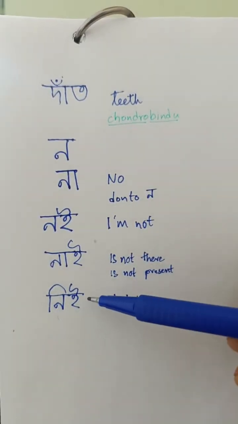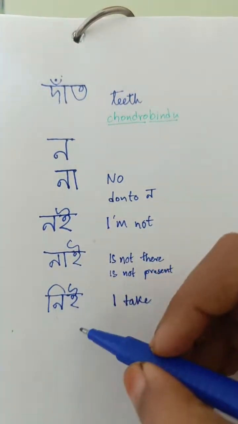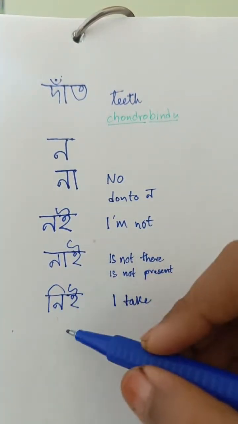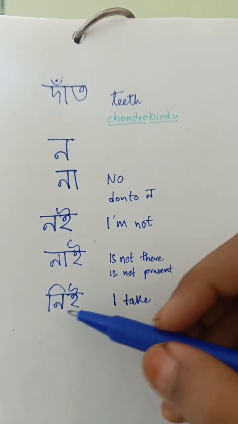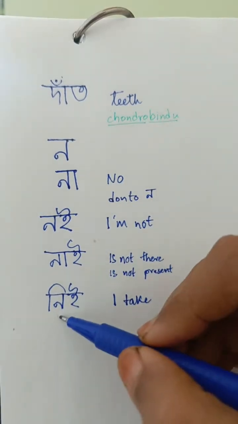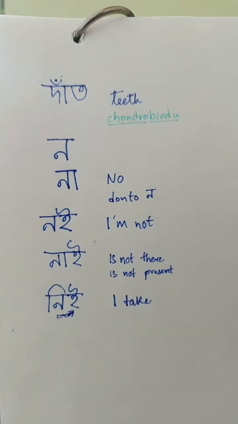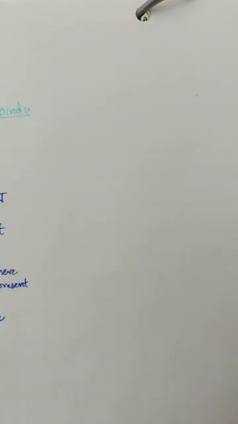This is ni. It has both the Rosho Ikar and the Rosho I in the spelling. When you say the entire word, because this is one word, you're not going to give any break in the pronunciation. You will not say ni e. That will sound weird. It's ni. It will flow, like the E from here will flow into this E in the pronunciation.